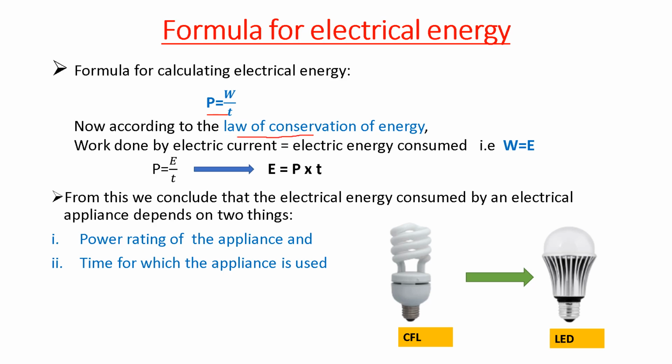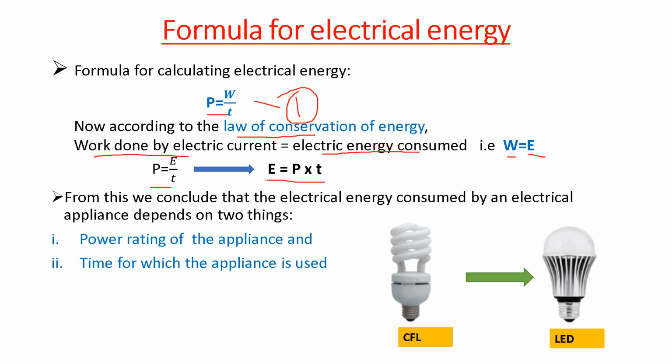According to the law of conservation of energy, whatever work is done by electric current is the same as the electrical energy consumed. So the W, that is the work done, can be replaced by the energy consumed. In the formula P equals W by T, if W is replaced by E, the formula becomes P equals E upon T, which can again be written as E equals PT.